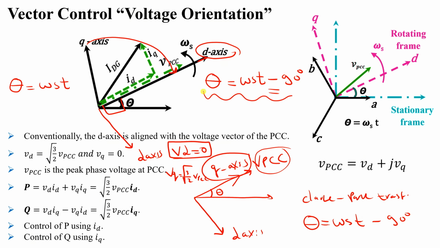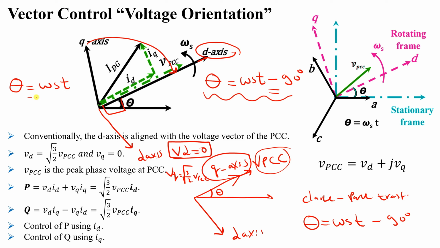So by controlling theta, the transformation angle of the Park transformation or Clark-Park transformation, we can do a lot of things. By controlling it, we can control where we are going to orient these axes, which can help us to achieve different control.